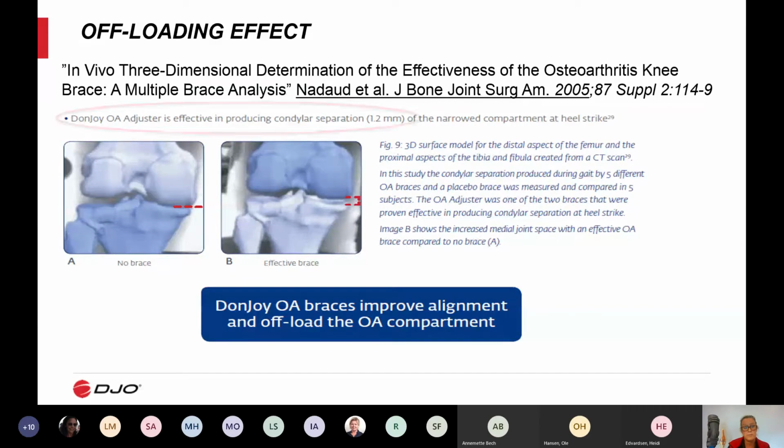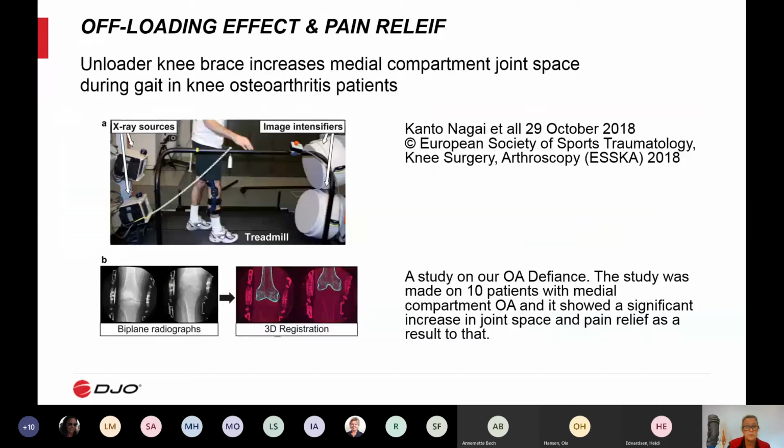And the last study, and it's actually quite new, it's from 2018. You had a patient walk with an OA brace for 2 weeks, and then they went to a treadmill with and without the brace on.